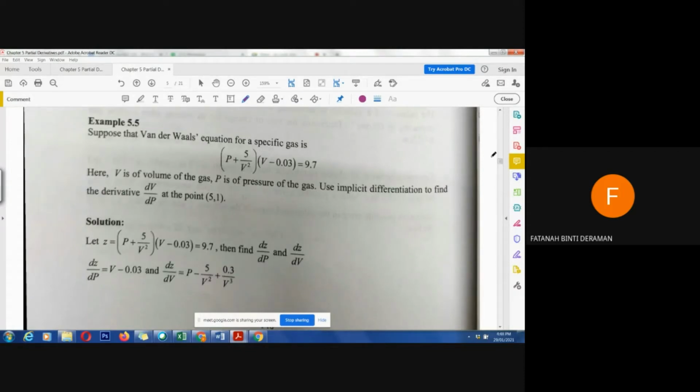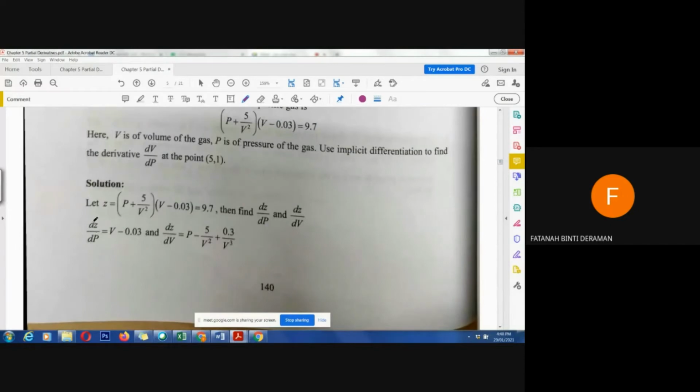First of all, we define this function as z, and then we need to find dz/dP. This equation we differentiate with respect to P, so we get this, and we differentiate with respect to V, we get this.